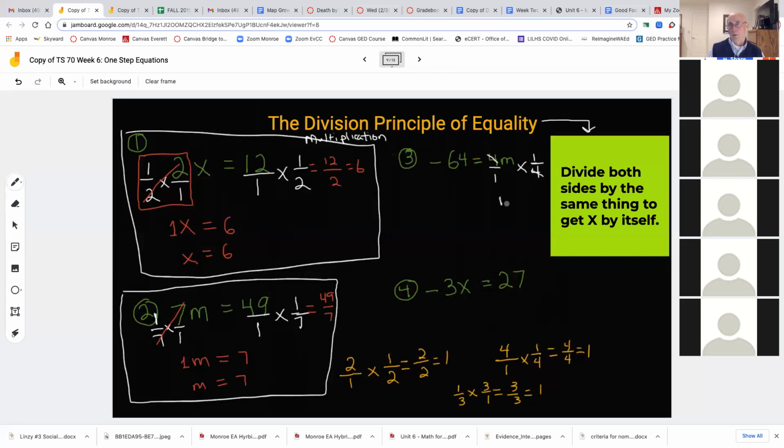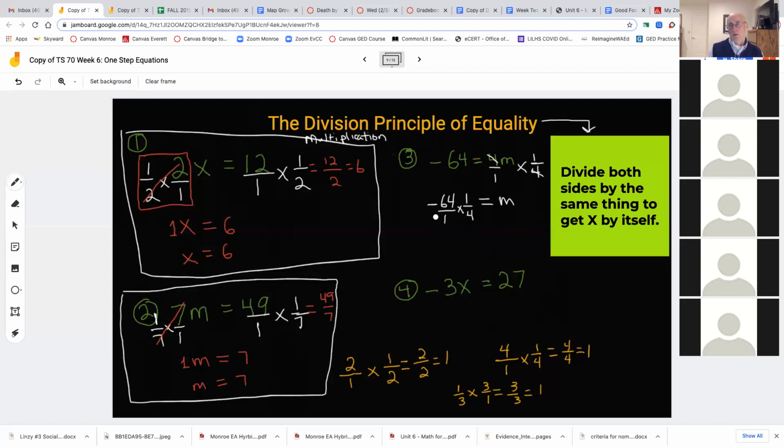So I'm going to have m equals negative 64 times 1/4, just so I'm doing the same thing to the left side that I did to the right side.